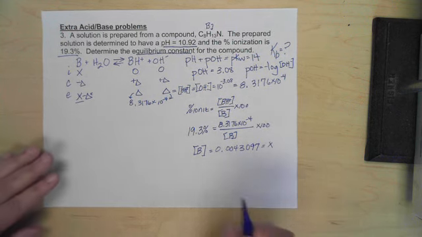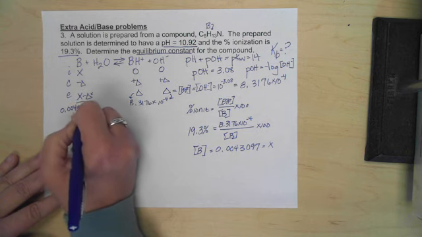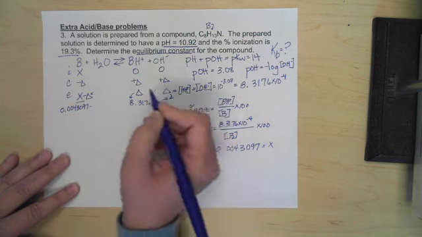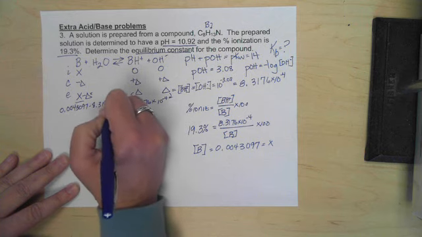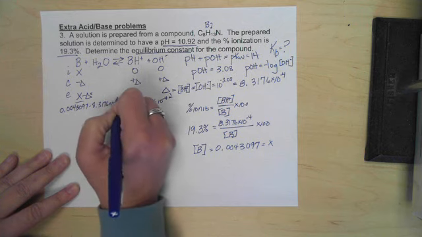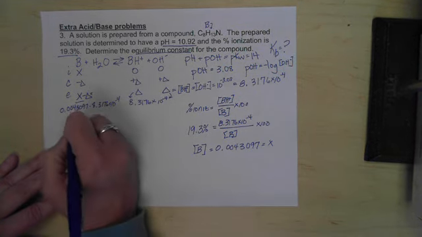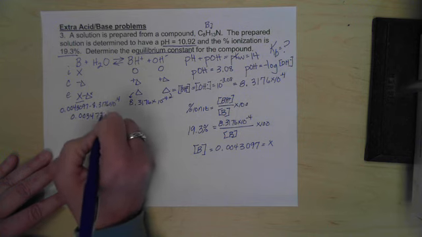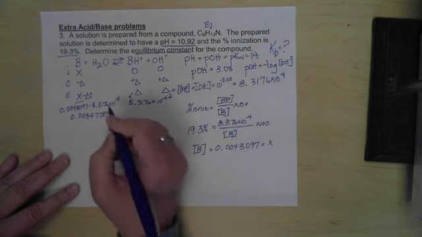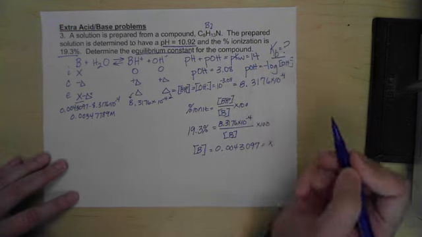Okay? So now we have 0.0043097 minus 8.3176 times 10 to the minus 4. So our value at equilibrium is equal to 0.00347789 molar. Back to the original question. The original question is wanting the Kb.